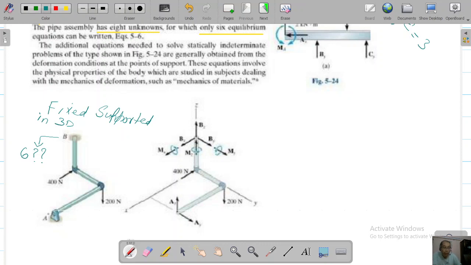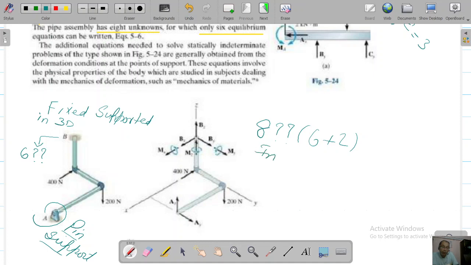Here you can see this is a pin support, and for this pin support they are taking 2 unknowns, 1 and 2. So 6 plus 2 is 8 unknowns. In 3D, as we have already discussed, you have 6 equations of equilibrium.